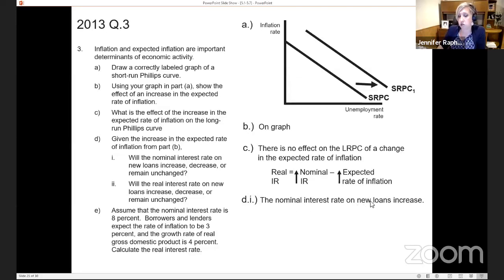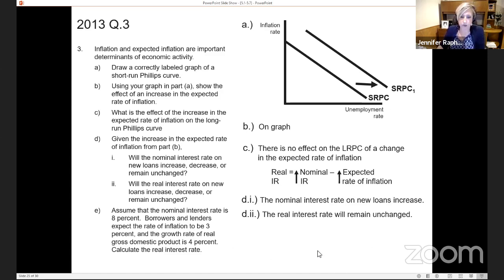The nominal interest rate on new loans is going to increase because people build some new expectation of inflation into their decision making, and the nominal rates reflect those changes based on the real rate of return that's desired. Once we know that the nominal interest rate rises with the expected rate of inflation, we know that the real interest rate is going to remain unchanged.